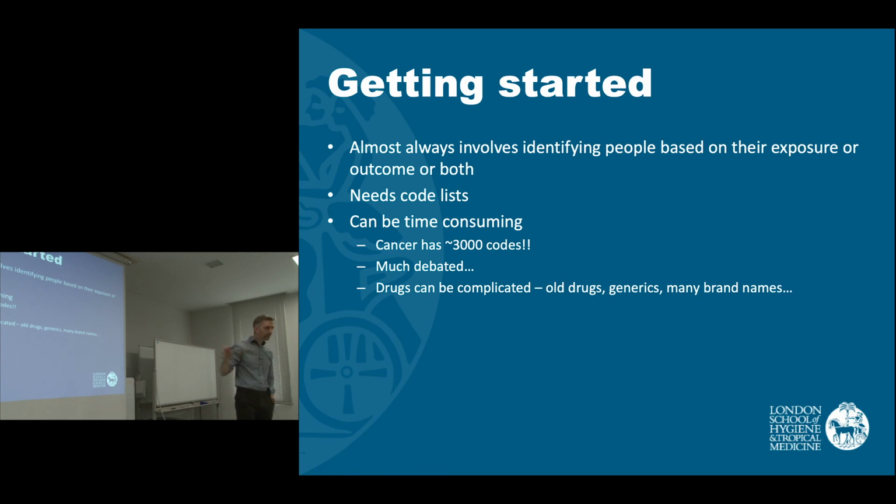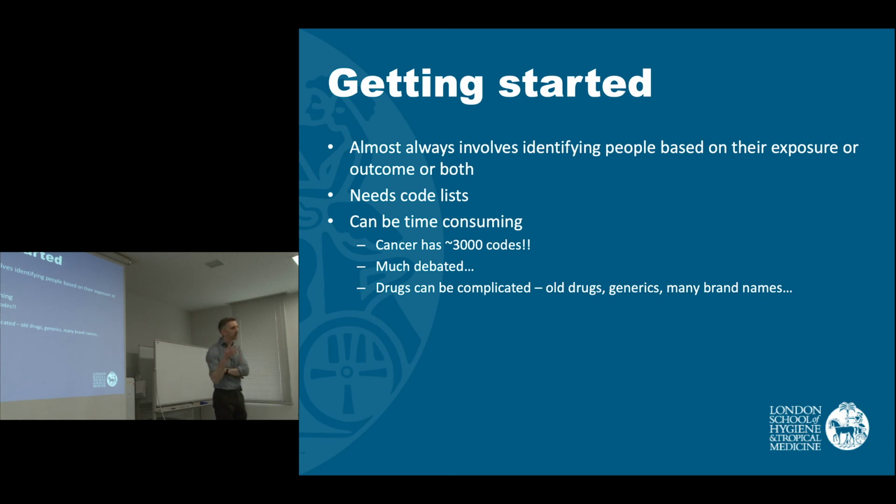So that's the data, which sounds quite involved and very detailed, but how do you get started to do a study using these data? So if we want to know, do drugs like Viagra cause malignant melanoma, where do we start? Well, it typically involves identifying people based on either an exposure, so a PDE5 inhibitor, or an outcome, like cancer, or both.